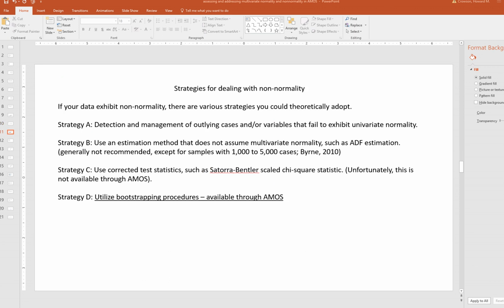All right, so ways of dealing with non-normality. If your data exhibit non-normality, there are a number of strategies that you could adopt. One is to simply go through and detect and manage outlying cases or variables that fail to exhibit univariate normality.